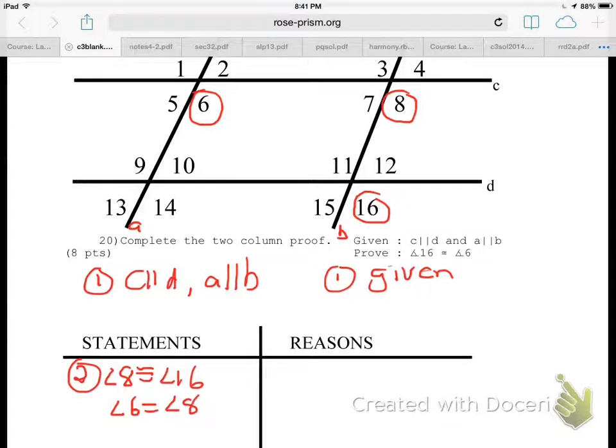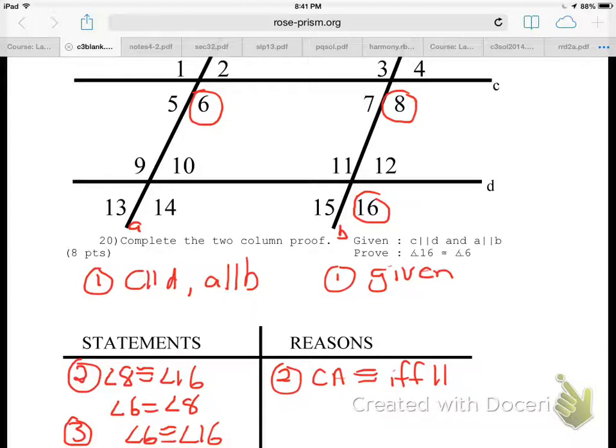The reason for both of those is that corresponding angles are congruent if and only if the lines are parallel. At that point, we have what we need. We may finish our proof by saying angle 6 is congruent to angle 16. They were both congruent to the same thing, angle 8, so we can make a little substitution, and we have exactly what we want.